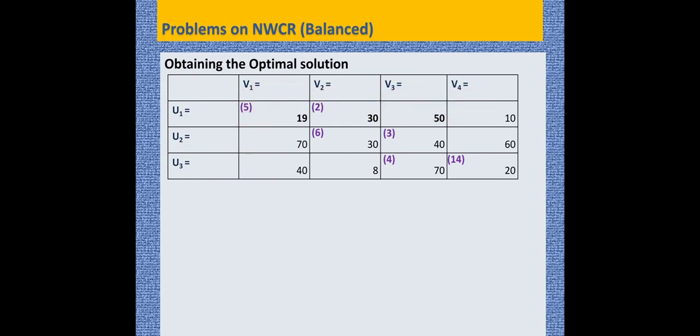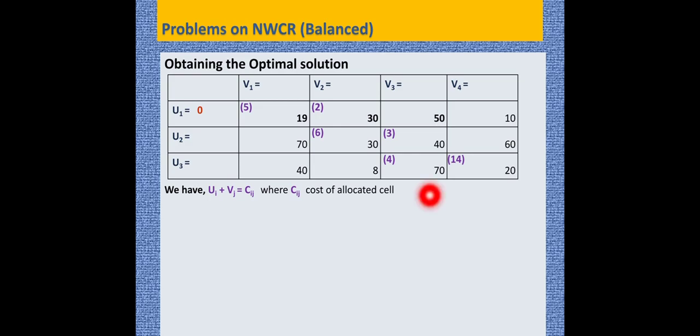Here, Ui plus Vj is equal to Cij, where Cij is the cost of the allocated cell. For example, U1 plus V1 is equal to 19, U1 plus V2 is equal to 30, U1 plus V3 is equal to 50, U1 plus V4 is equal to 10.